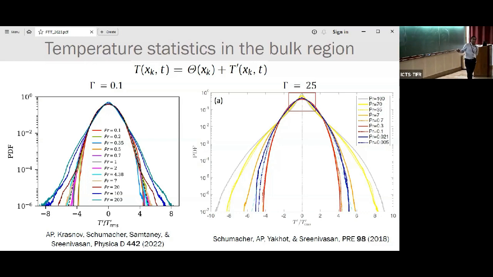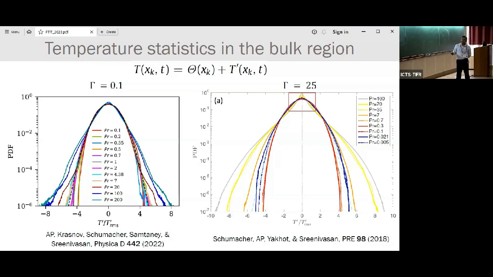This was also observed for gamma equal to 25 data. We analyzed it in this particular paper, and the PDF shows very similar behavior with respect to Prandtl number at a given Rayleigh number. This is Rayleigh number of 3 times 10 to 10. Here Rayleigh number is relatively small, 10 to 5, but nevertheless we have roughly the same behavior.